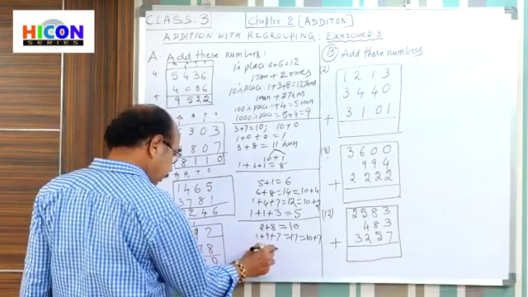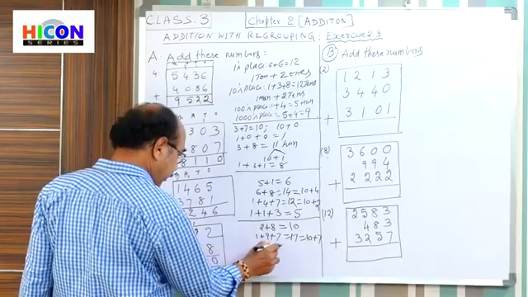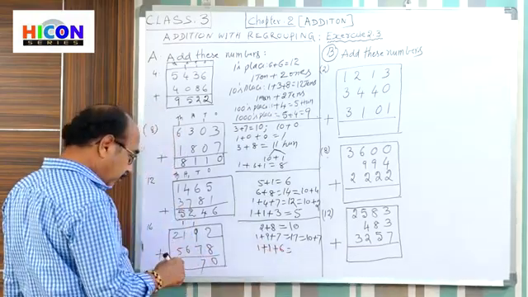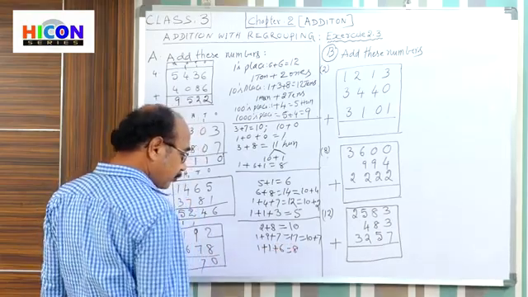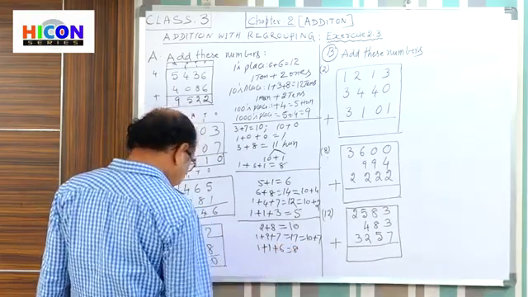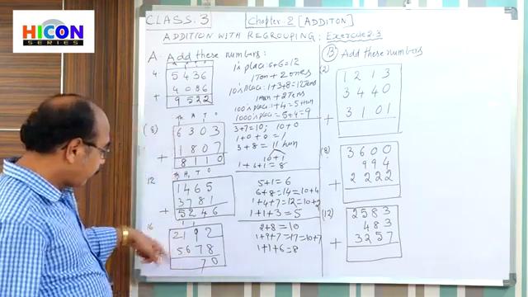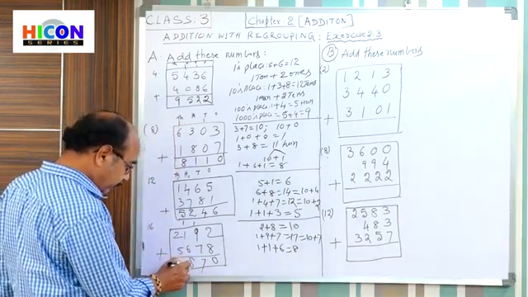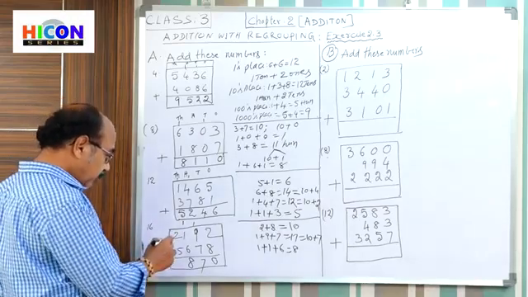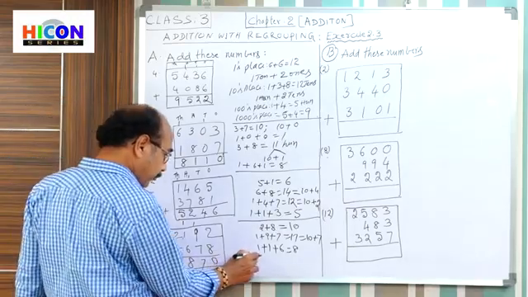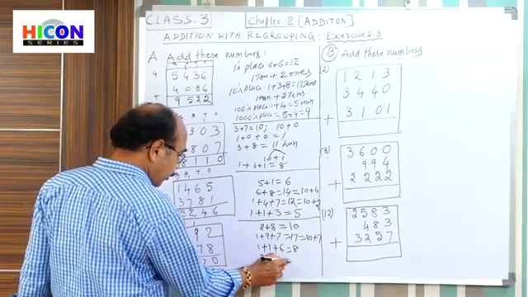Here 100 is there and 600 are there. That is the total, you see now. 6 plus 1, 7, plus 1, 8. So write 8. Single digit, no? Now thousands, 2 plus 5 is equal to 7.